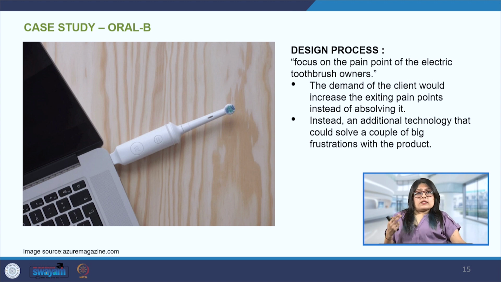But this addition of the IoT to monitor whether each and every tooth has been cleaned, which is an initial idea, would add more pressure on the user, and this whole exercise will become more burdensome. So that is what the designers' feedback was, and they wanted the user to worry less about this.